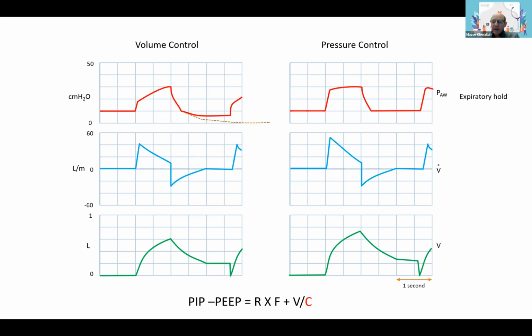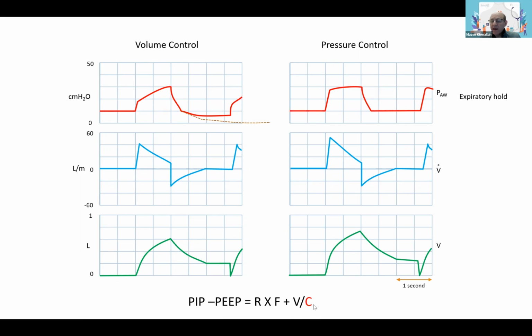On the other hand, if the patient is on pressure control mode of ventilation, the left side of the equation is fixed. You put the patient on pressure of 30, PEEP of 10, the difference between peak and PEEP is 20. That is fixed.